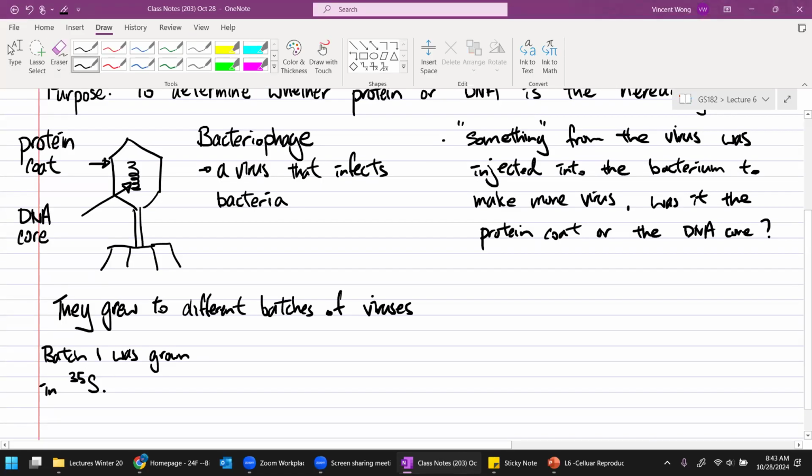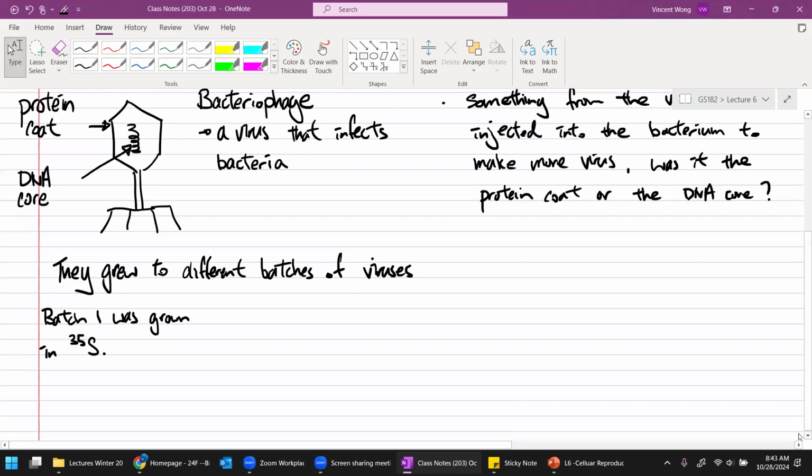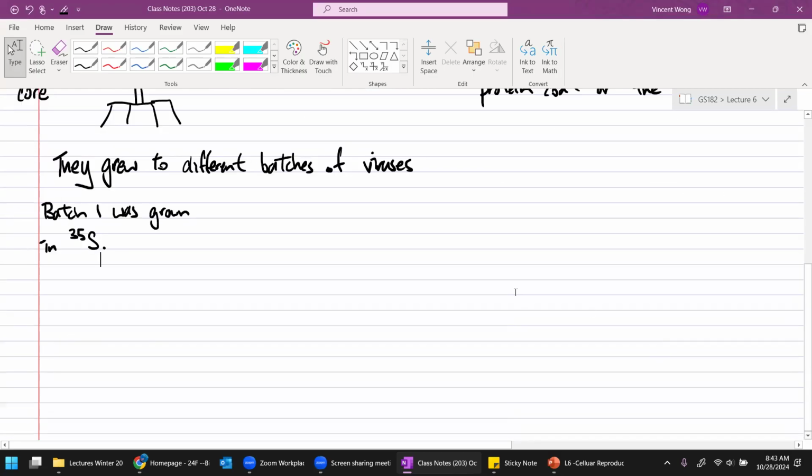Did you guys learn about isotopes in chemistry? Actually, I taught you isotopes, I think, right? So sulfur, if you look at the periodic table, is usually 32. This one is heavier, sulfur 35, which actually is radioactive. Okay? So if you put radioactive atoms in an experiment, it gives you a way to keep track of them.